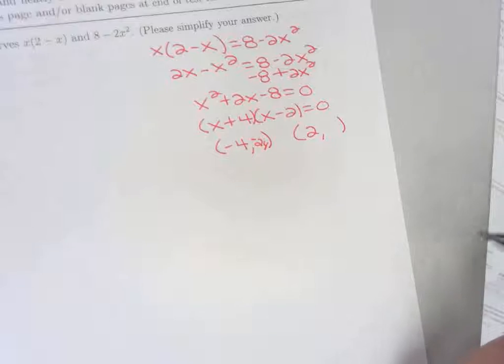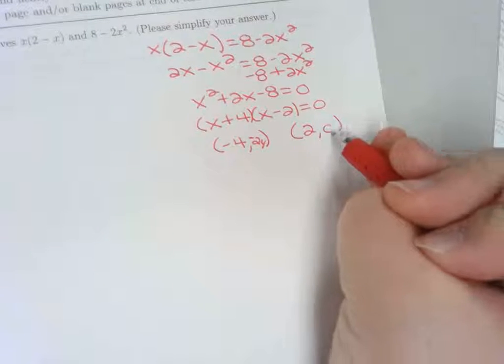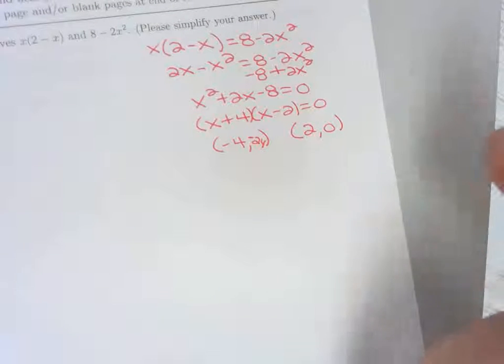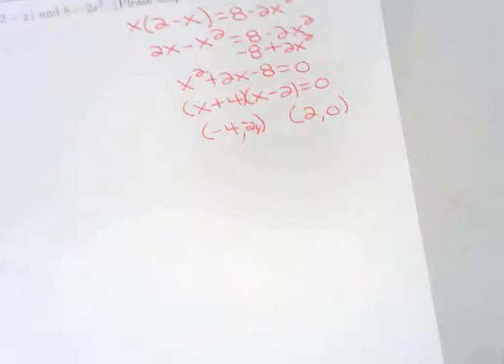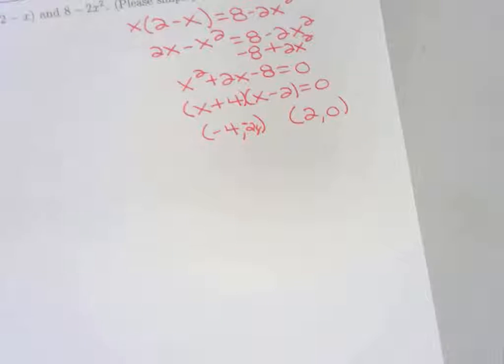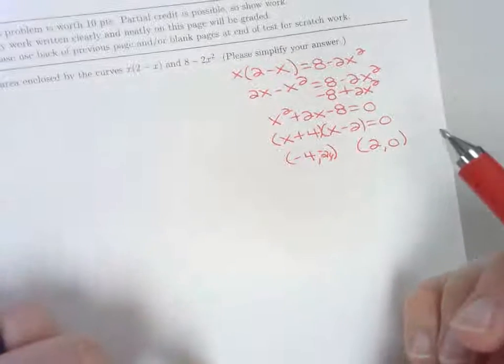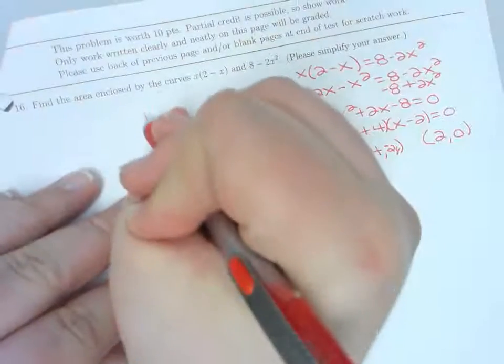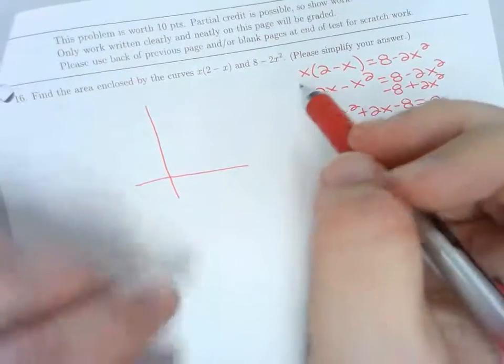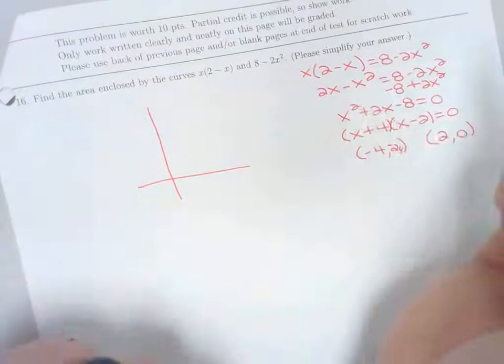If I plug in 2, I get 0. So they're going to intersect at (-4, -24) and (2, 0). Kind of weird, but graphs don't have to be perfect. I just need to know which one's on top and bottom. We are in terms of x, so we are going to do top minus bottom.